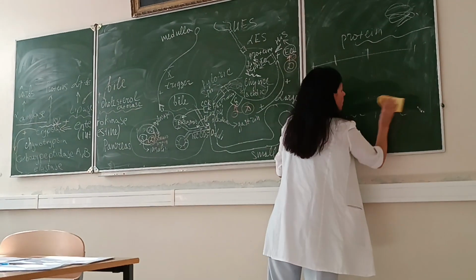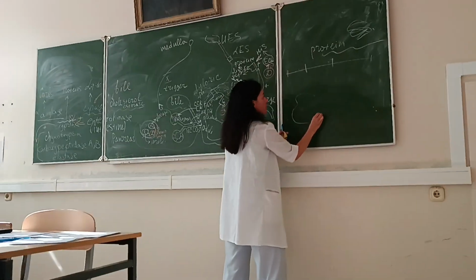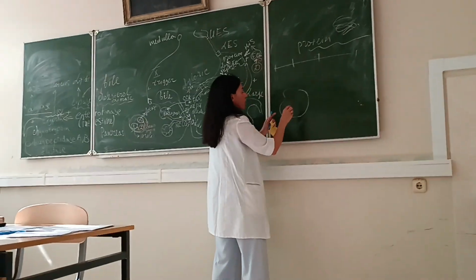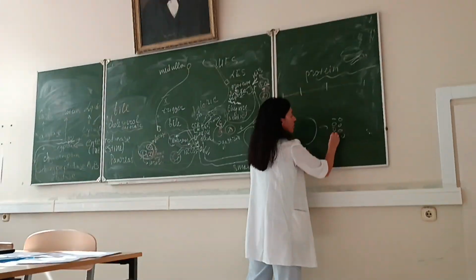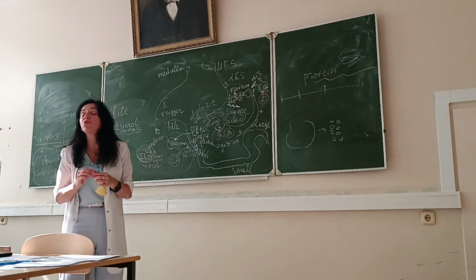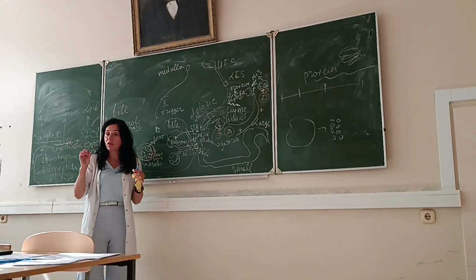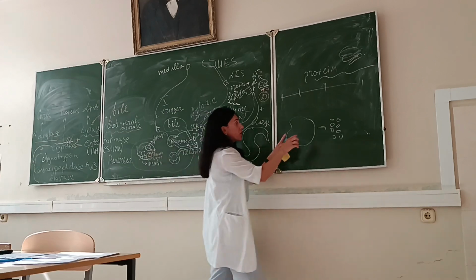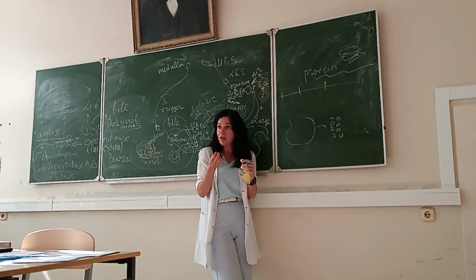Fat: a big molecule, a big drop, then it converts to small drops. So, emulsification. These drops become smaller, so the enzyme has more surface to break lipids down.